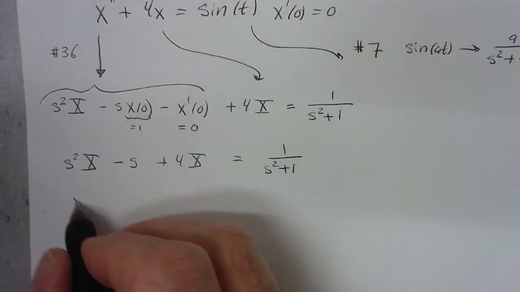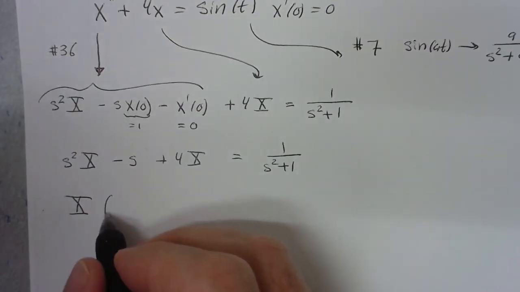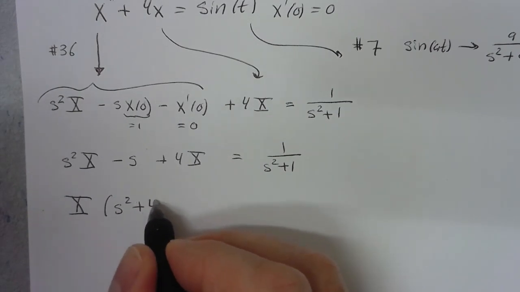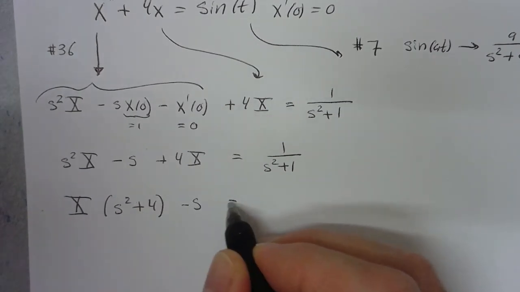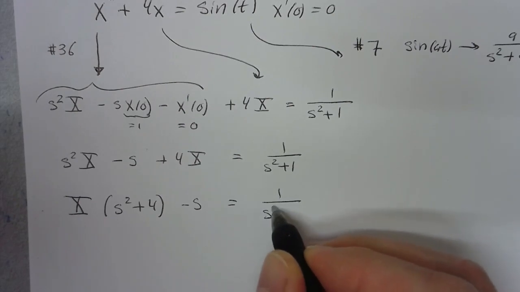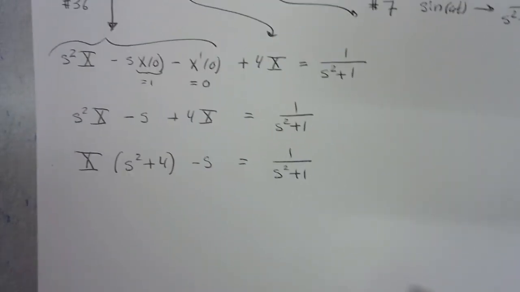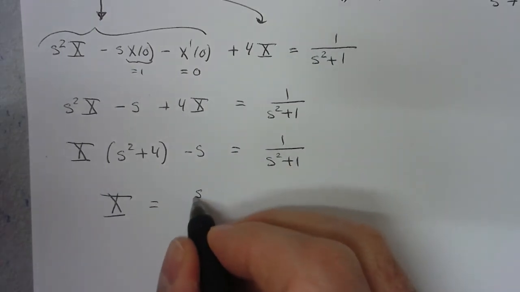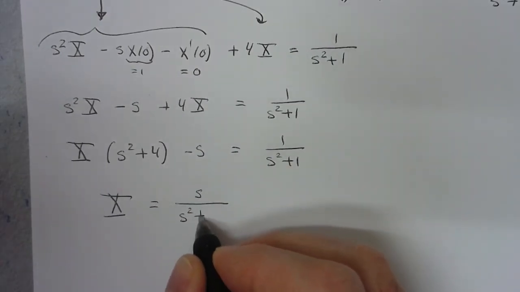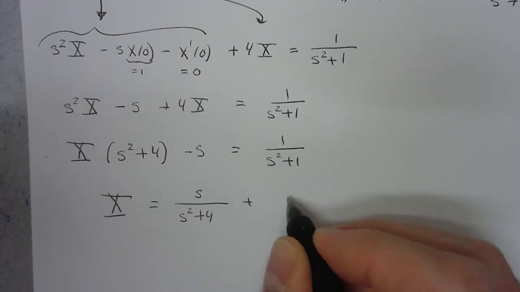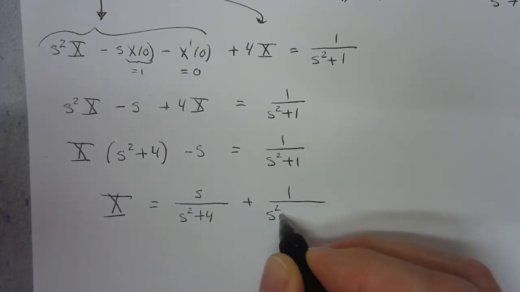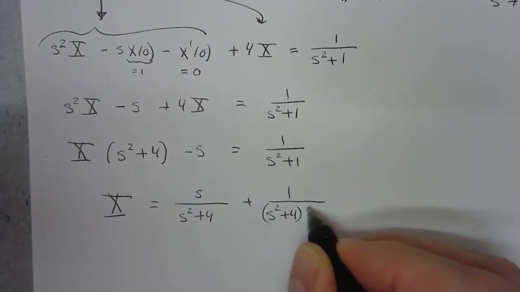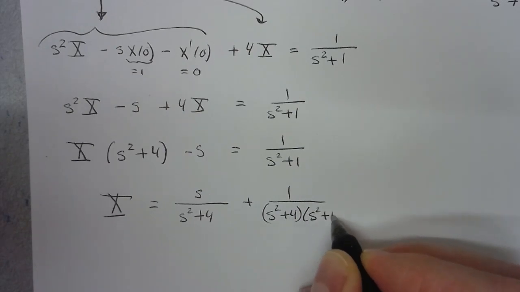So I'll combine like terms. Capital X times s squared plus 4, minus s, equals 1 over s squared plus 1. Solving for capital X, I'll have s over s squared plus 4 plus 1 over s squared plus 4 times s squared plus 1.